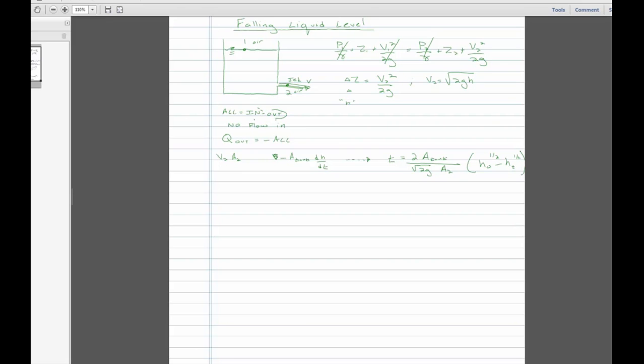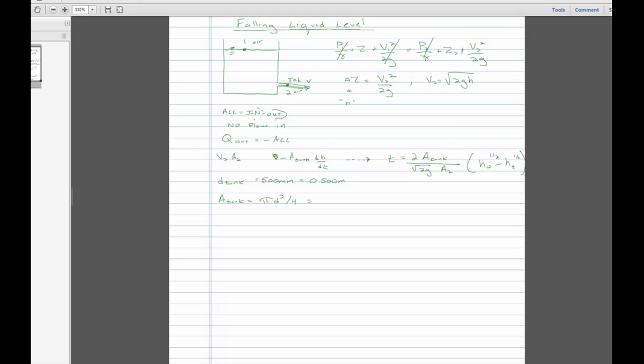So in this example, let's say that the diameter of the tank is 500 millimeters. In other words, that's 0.5 meters. From that we can find the area of the tank using pi d squared divided by 4.